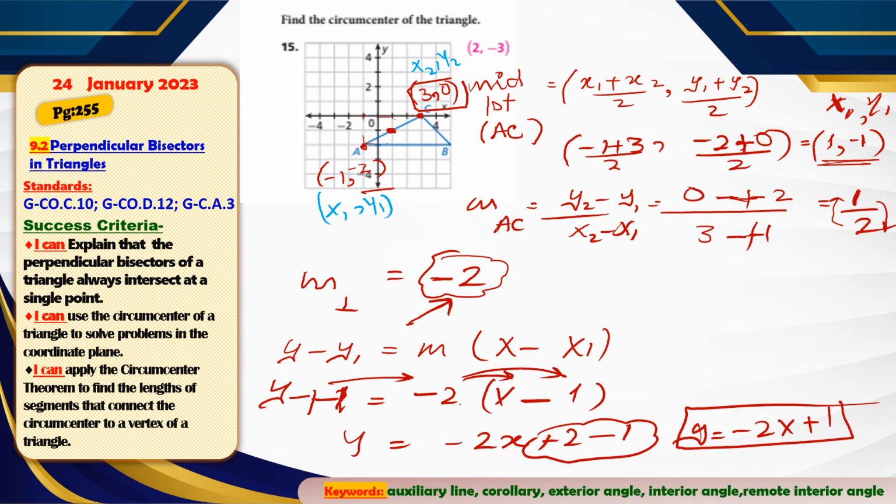Now we have to find another equation of a perpendicular bisector in order to find the point of intersection.